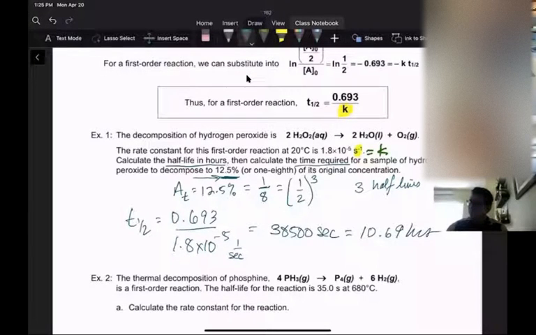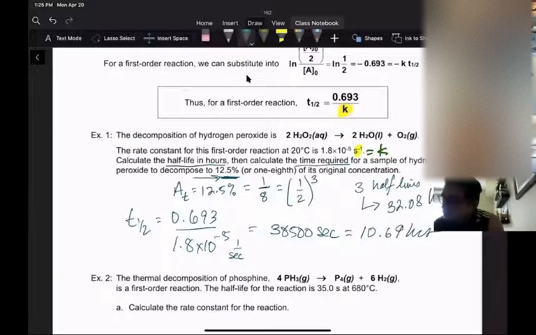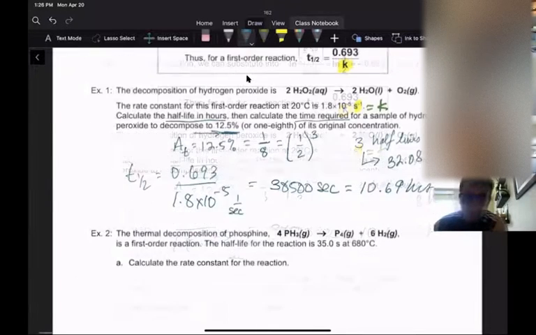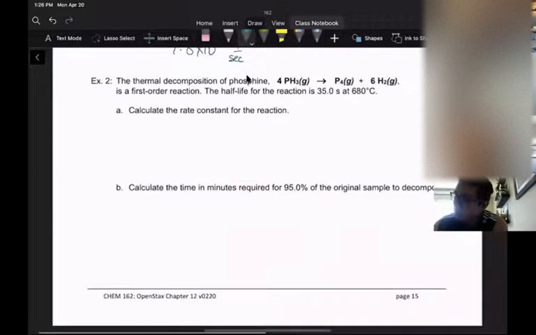And then calculate the time for it to decompose to 1/8 of its original amount. So that's going to be 3 half-lives, right? So that is going to equal 32.08 hours for 12.5% left. All right, next up.